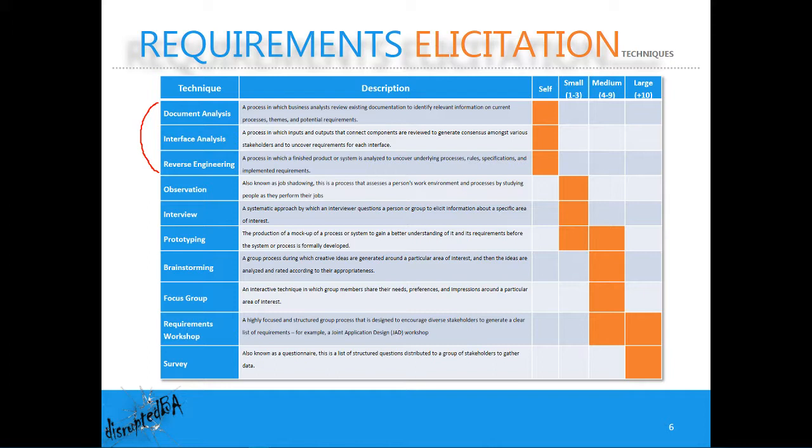What this means is basically that before you actually face any stakeholder, you need to have gone through all the documents at your disposal, and this includes things like project scope, project plans, business case, existing system documentation, anything that would guide you and help you to understand what the current situation is, the as-is state, and also what we are trying to achieve, the to-be state.